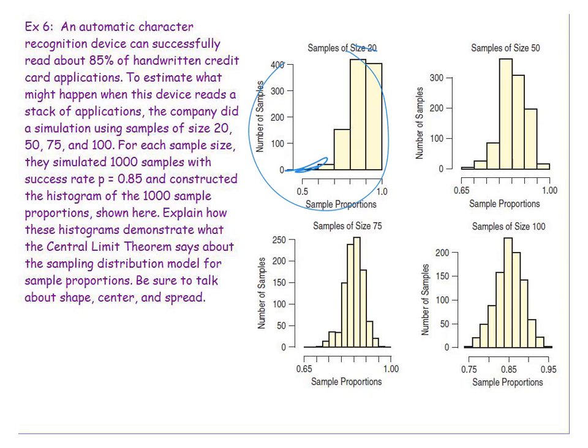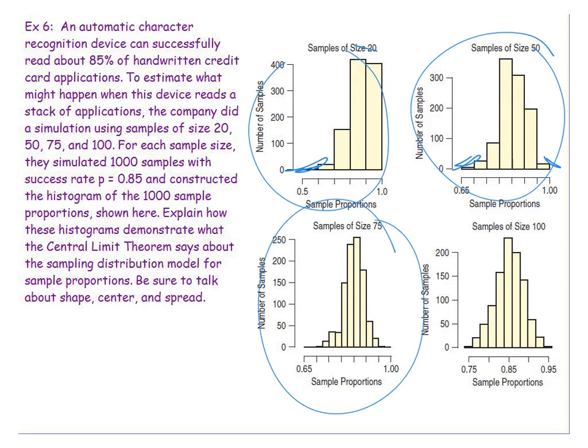Sample size 50: not quite as obviously skewed because we do have a little bit of a tail on each side, but it's definitely still heavier to the right side. Then we look at sample size of 75. Now you're starting to see low bars on both sides, and you're starting to see a little peak in the middle.